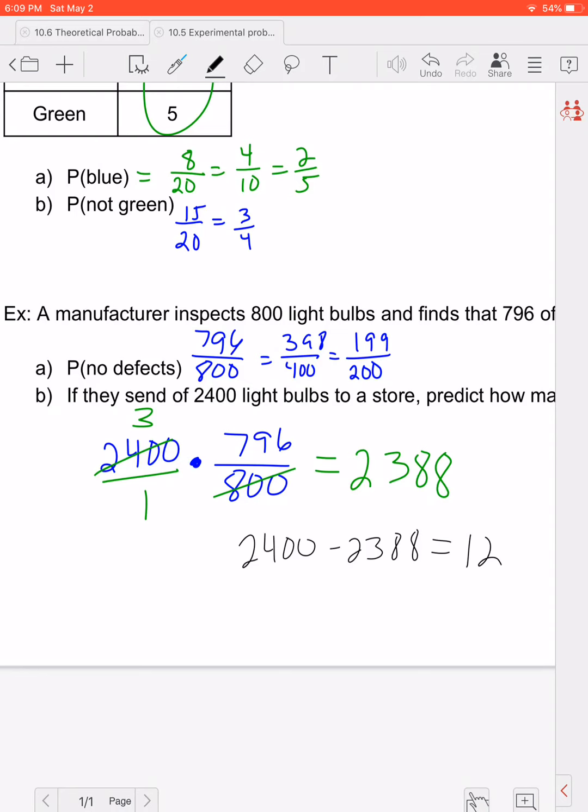Now again, if you did 2400 times 199 over 200, 200 goes into 2400 12 times. 12 times 199 is going to give me 2388. 2400 minus 2388 is 12. So it doesn't matter which fraction you use if you reduced. I just might use this original one just in case I reduced wrong so I don't get the second question wrong.